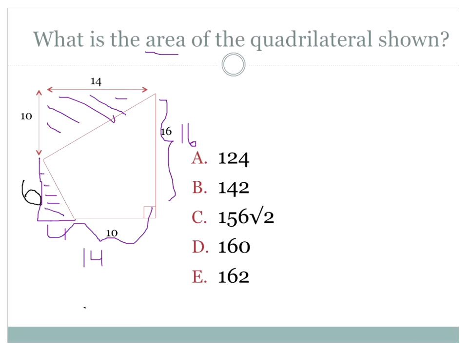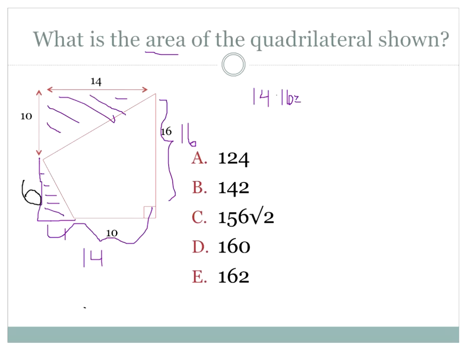What are your thoughts? How are you going to find this? Okay, so we're going to take them into triangles and subtract them. Katie says the area of the rectangle is base times height. Great, so the area of the whole thing we're going to start by saying is 14 times 16. And then Kay is saying something about the triangles.